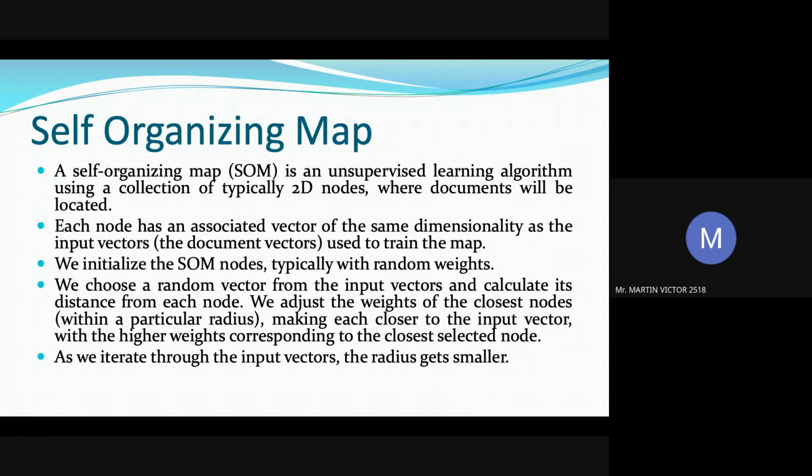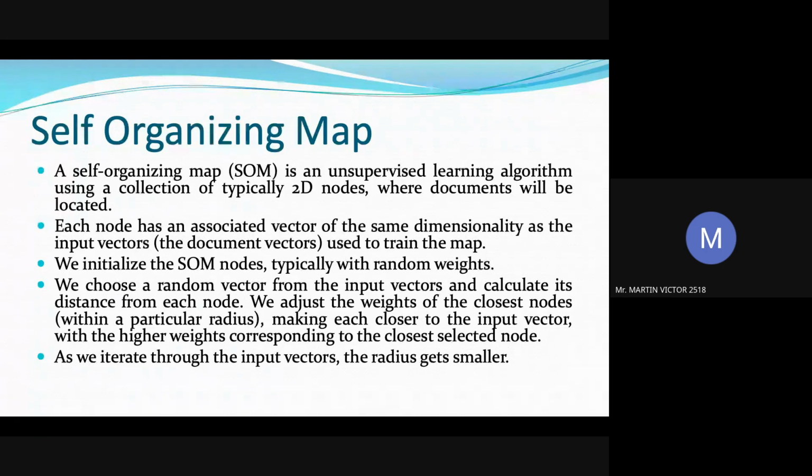So in the context of document collection, our SOM, the self-organizing map algorithm, will first cluster the similar documents. That means by training the SOM on a document collection, it groups the similar documents together.